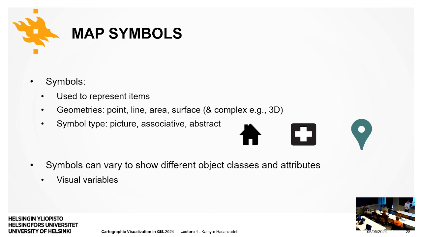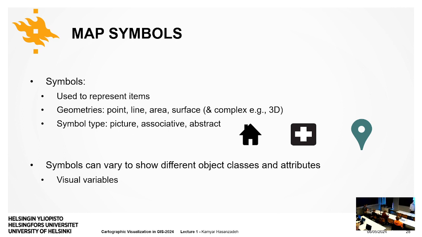We have symbols that are pictures. So if you are visualizing people's homes, imagine you have survey data or you have home locations of individuals that for some reason you want to map, this is a picture that tells you it is a home. It's very self-explanatory. And we have associative symbols, where this doesn't necessarily tell you much, but to most of us this is a reminder of a health care station, hospital or something.